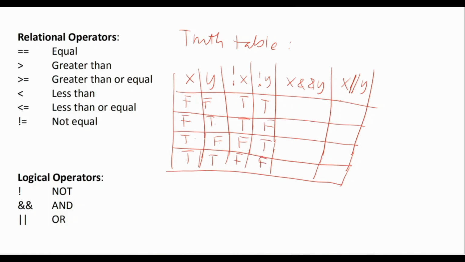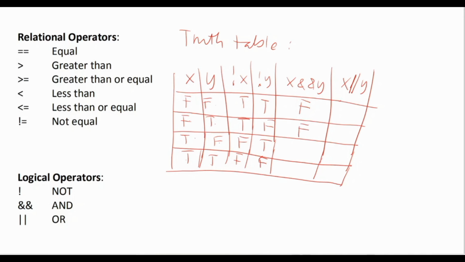For the x and y, the AND will return true if both operands are true. If there is at least one that is false, then the result is false. Okay? So false and false is false. False and true is false.